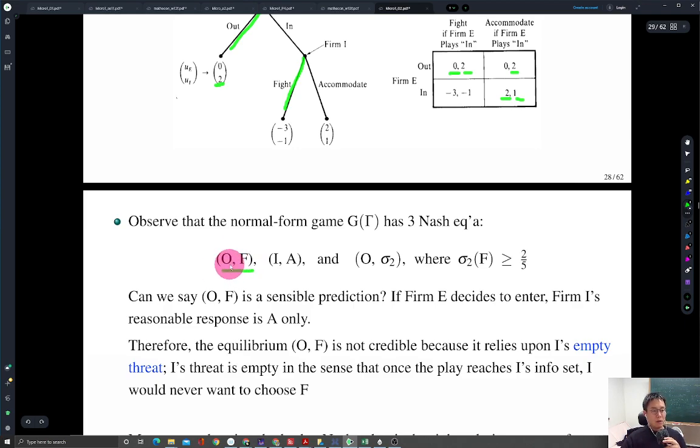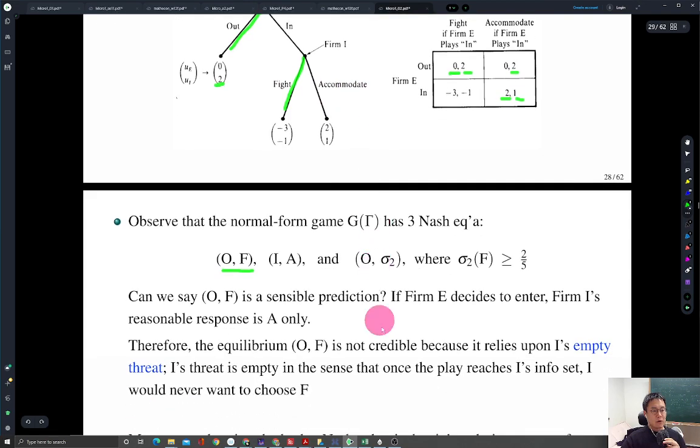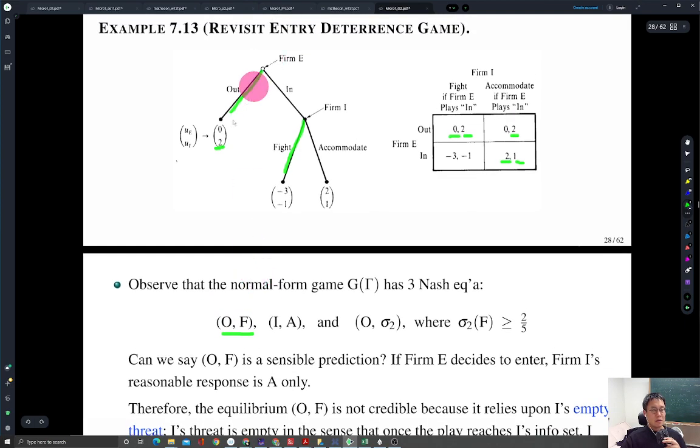So these two are mutual best responses. But this equilibrium is based on a non-credible threat or empty threat, in the sense that if the firm indeed chooses I, the incumbent is willing to change his plan from F to A. So in other words, F is never a best response at this information set. And O and F can be supported as a Nash equilibrium because whenever the entrant stays out, playing a never-best response at this set can be rationalizable.